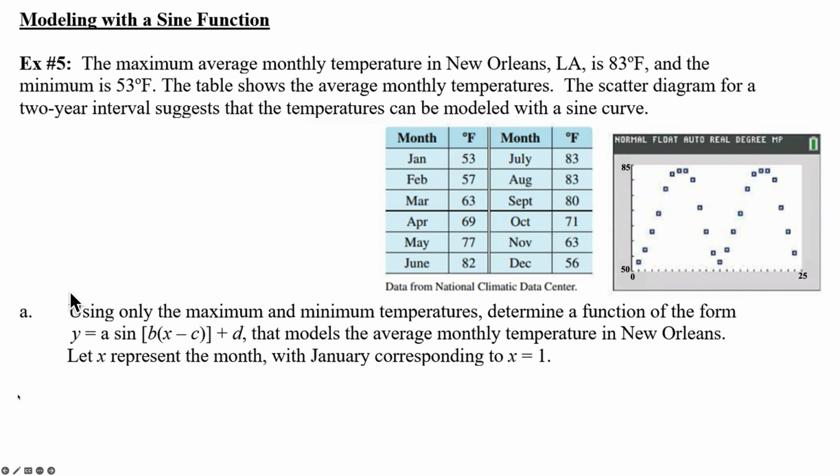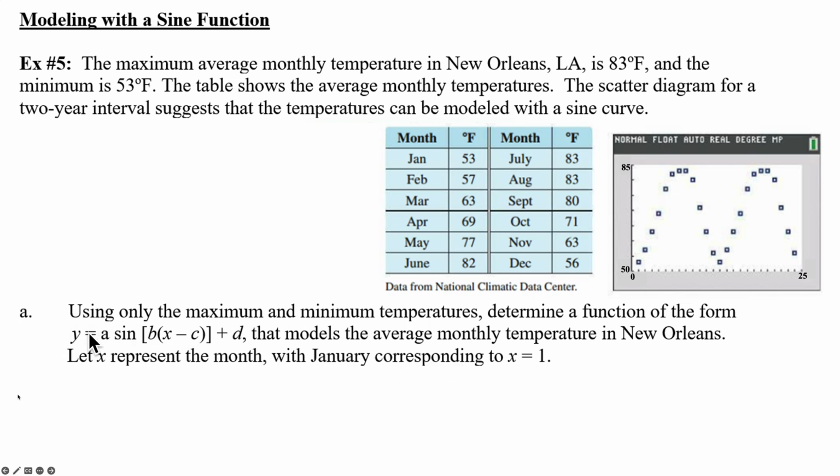All right, so we have to write our sine function in its transformational form, a times sine of the quantity b times the quantity x minus c, plus d. We're going to let January be x equals 1, February 2, March 3, April 4, so on and so forth.